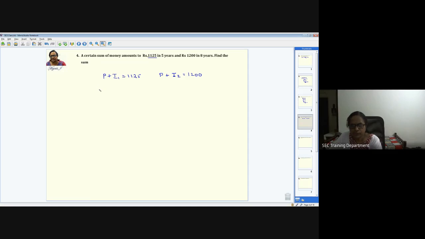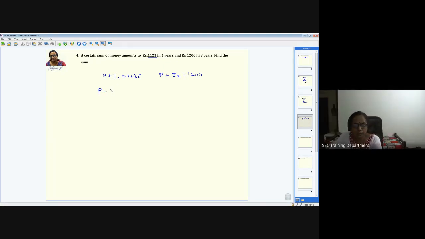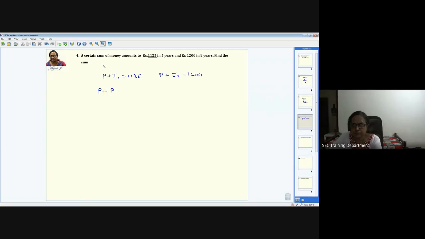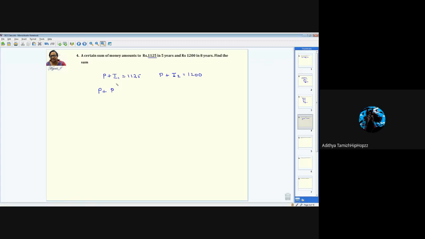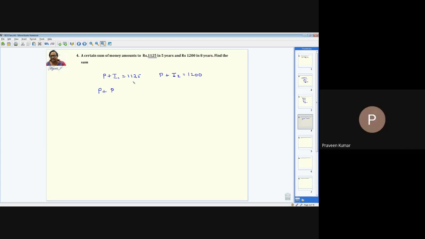You can solve for it. So you can just replace this principal plus what is here. For interest one, what are you going to replace? The formula PNR by 100. P is same. N is 5, read the question. 1125 is the sum you get after how many years? 5 years, ma'am.